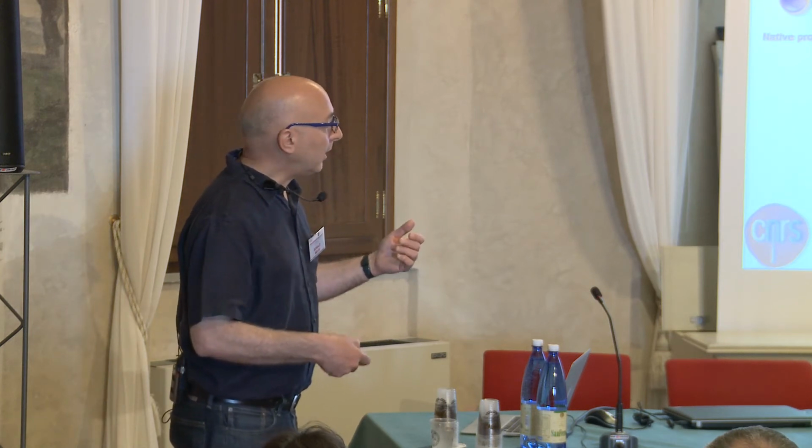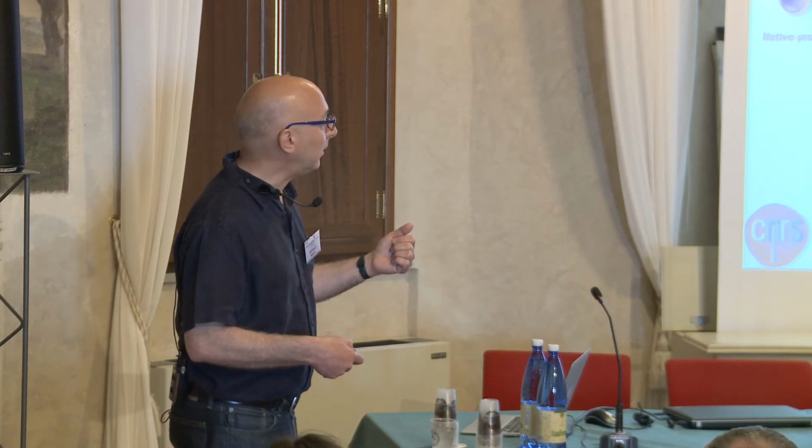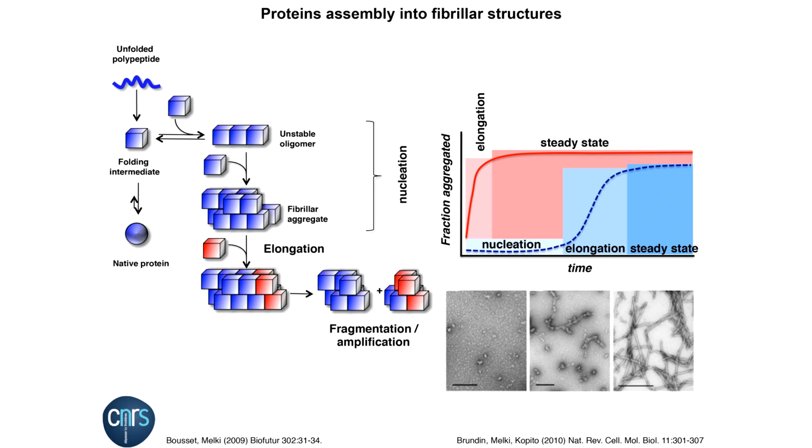And you can look at what you have in your test tube using electron microscopy. So at the beginning, you have these small oligomers. Later on, here in the elongation phase, or at the end of nucleation, you see larger oligomers, some fibrils, and later on, beautiful fibrils. And we have been doing this with yeast prions forever.